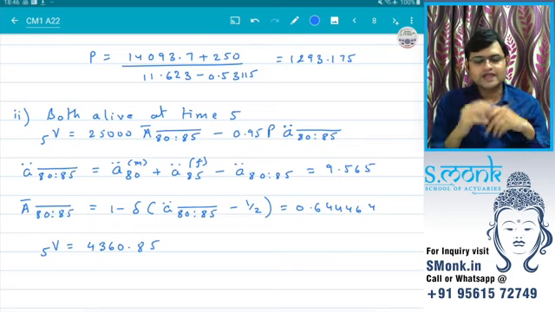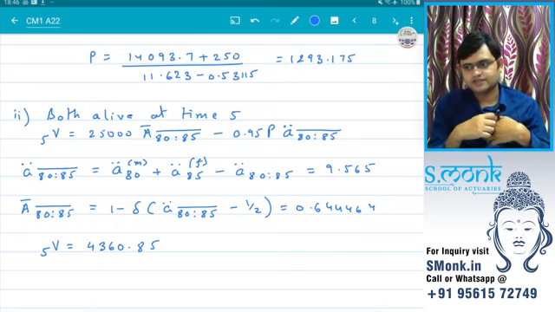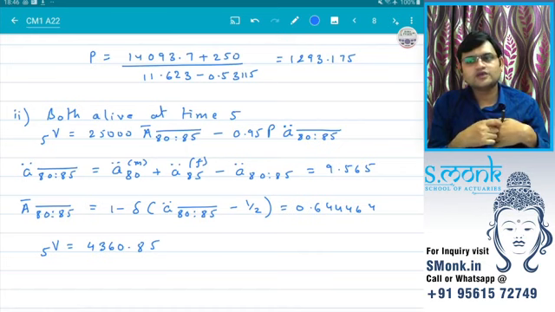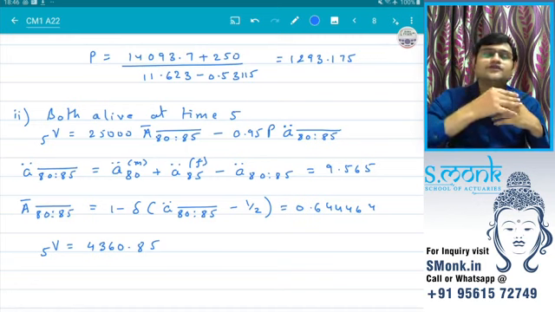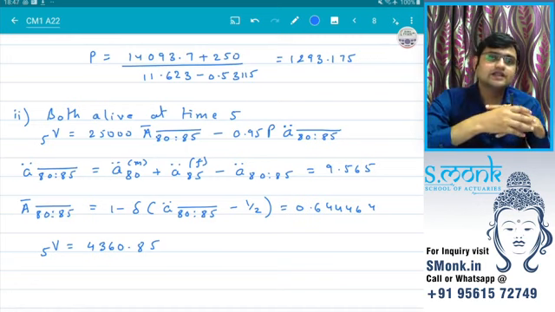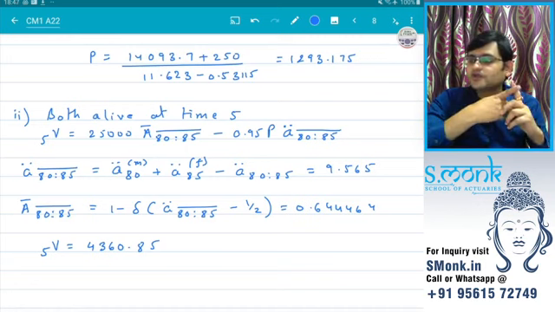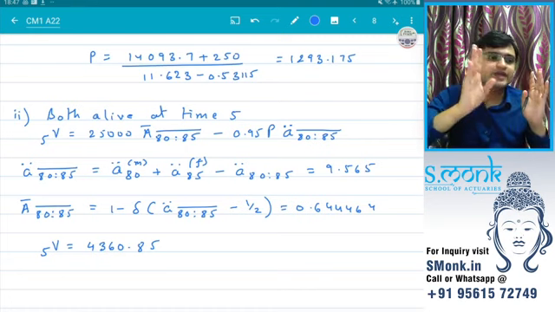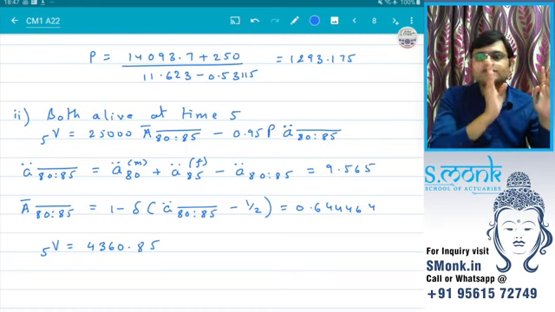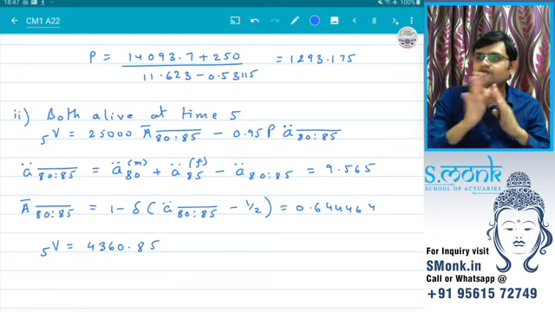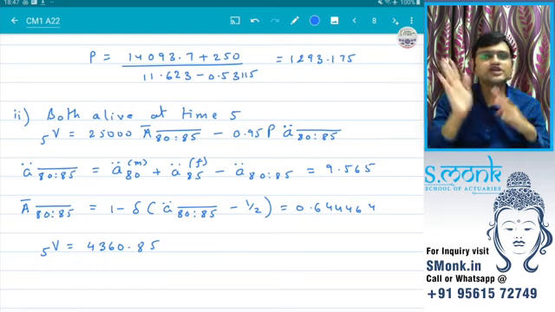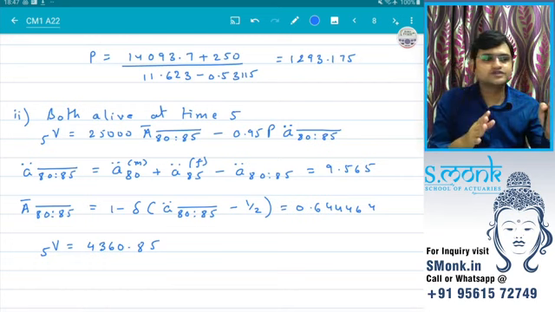This becomes the reserve for both alive. This is what they actually asked. But as I said, if they did not specify what happens, we have to figure out what would happen if one dies and the second lives. First of all, if the male dies and the female lives, benefit is given only on the second death. There is no benefit on first death and no change in benefit after first death.